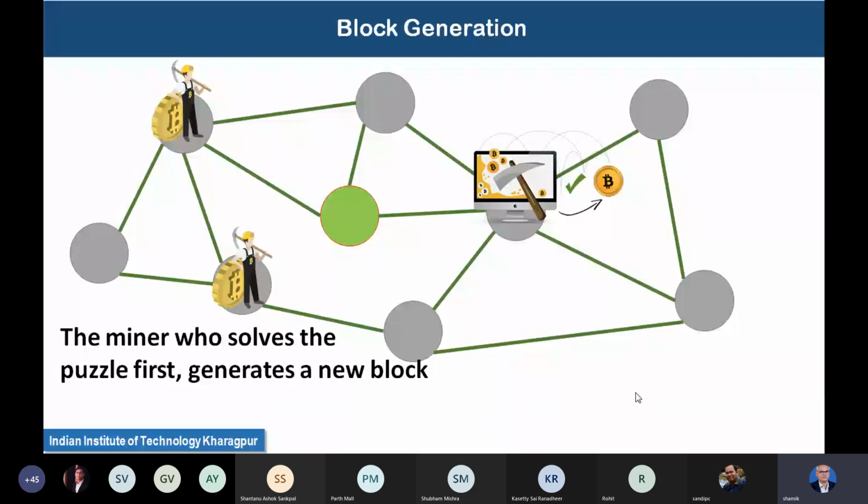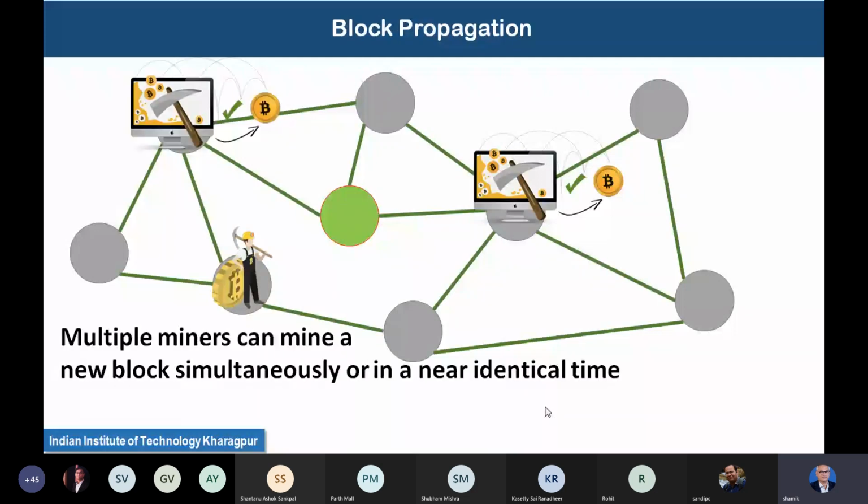Then the next attempt for mining the next block will be started by all of the different nodes who are trying to do the mining. So this is how we see that through that flooding, this will be actually generated.